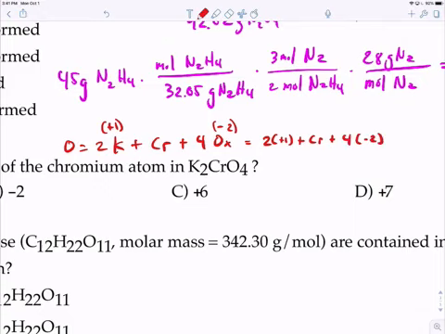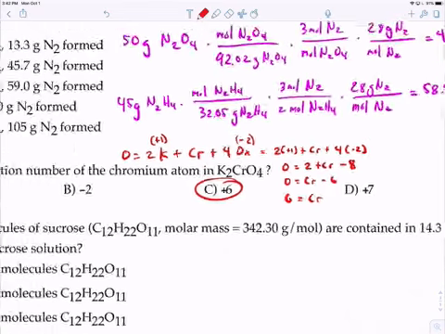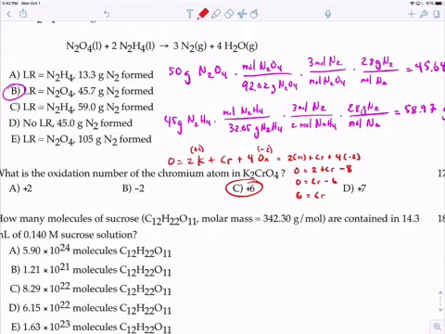So this means 0 equals 2 plus Cr minus 8. 0 is Cr minus 6. 6 is equal to Cr. So it's 6. Questions on how to do that one?